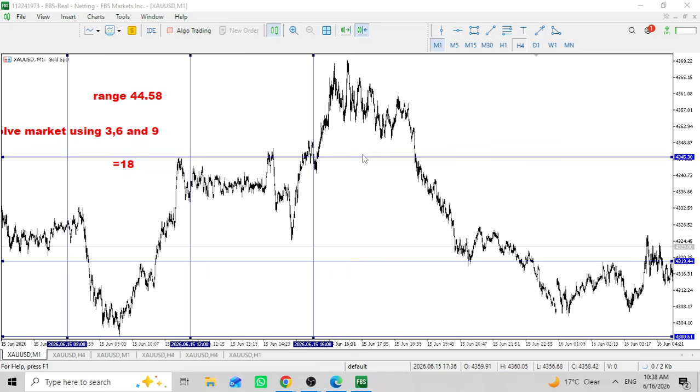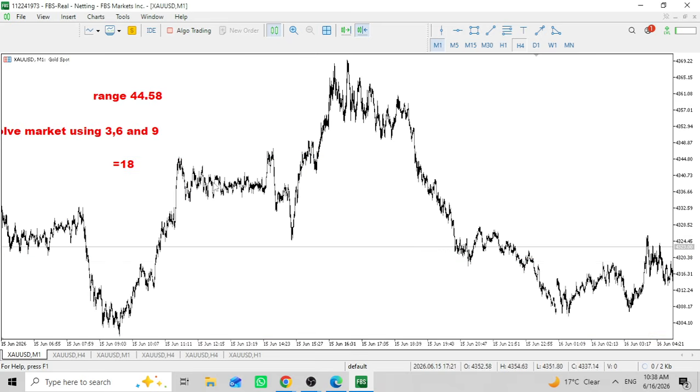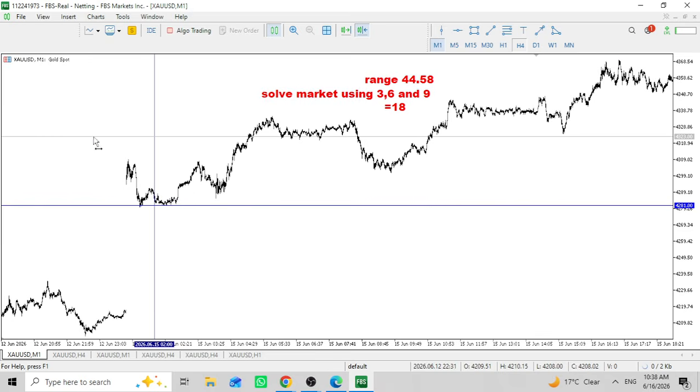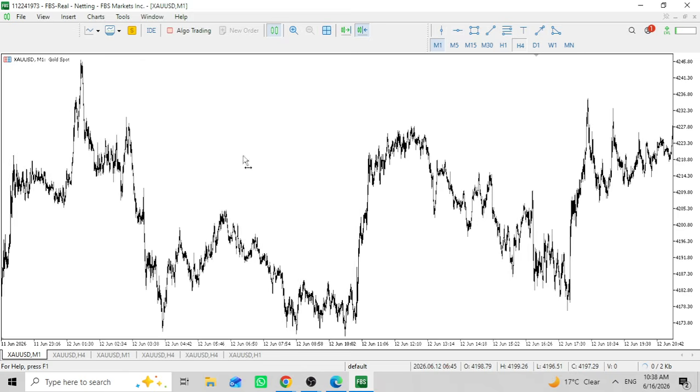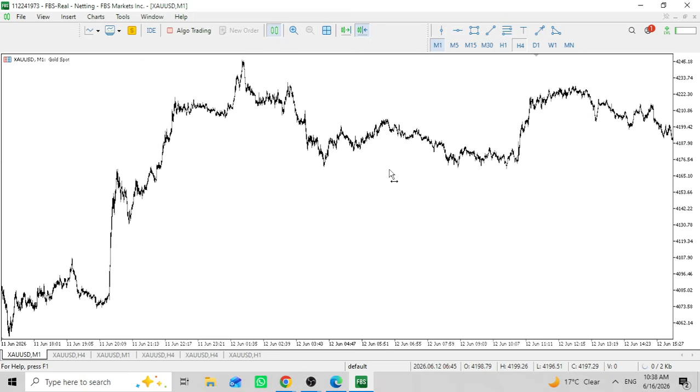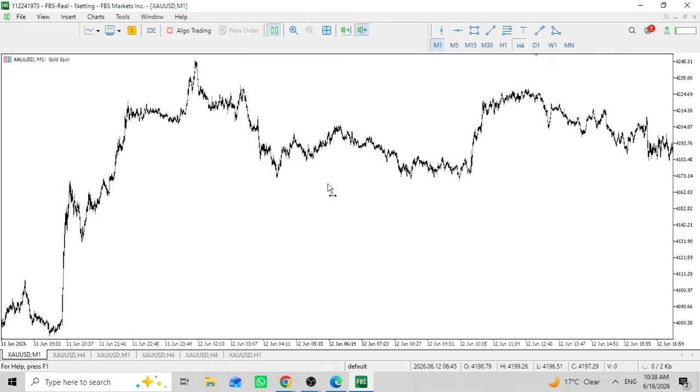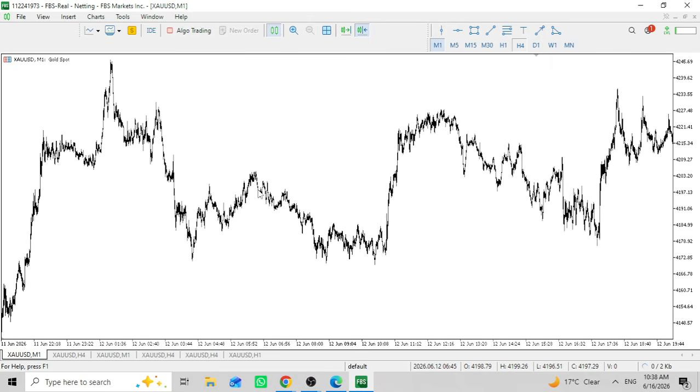Now we can even go to the previous day and see. Let's come here. Previous day, so that we can have enough data backtested. Previous day is here. Previous day is here.